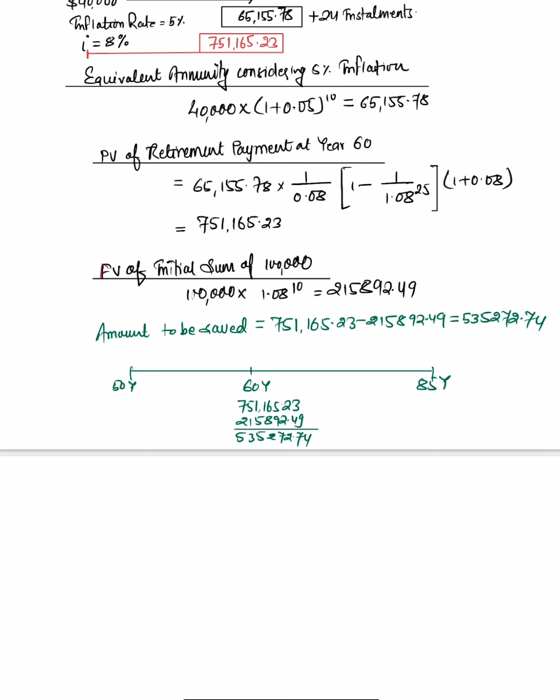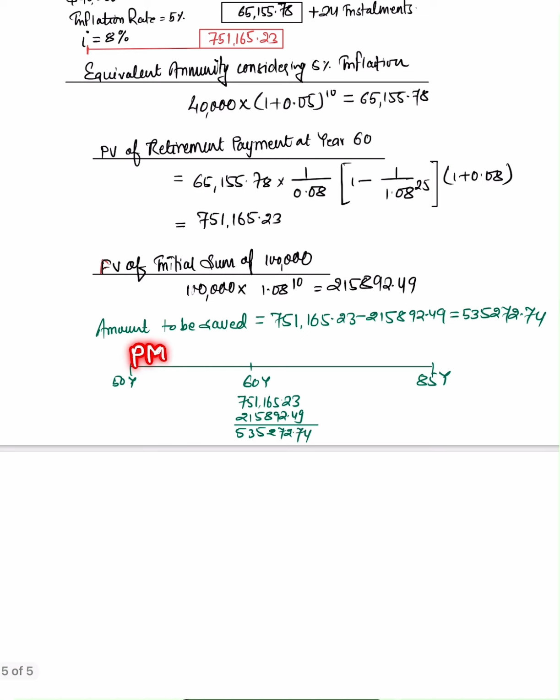At the end of every year, you need to save a certain amount of money, that's PMT, such that it accumulates to this amount of money. So what is that payment to be made at the end of every year? That's the amount we need to find out.